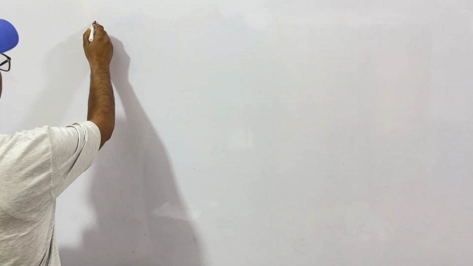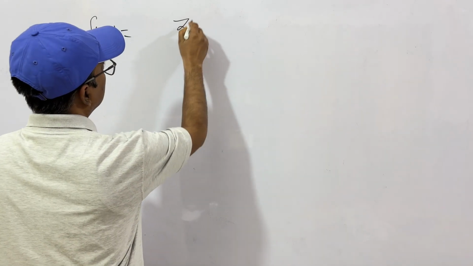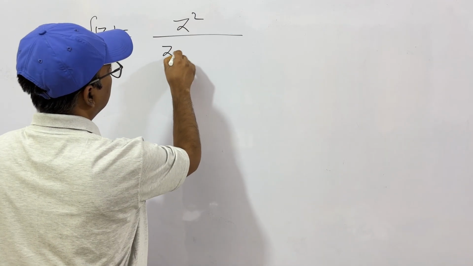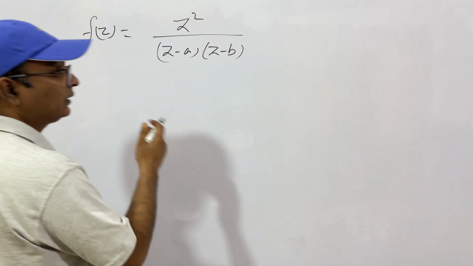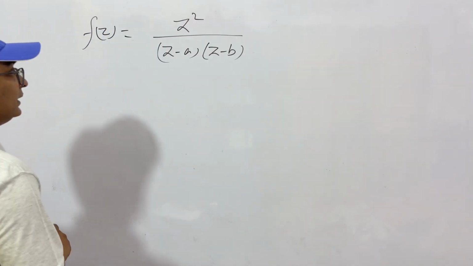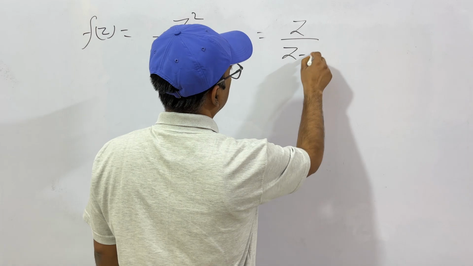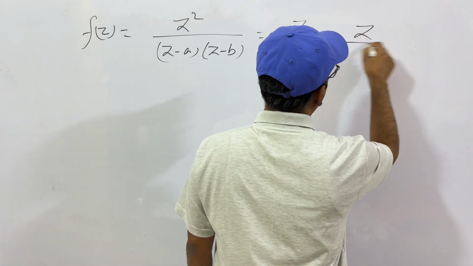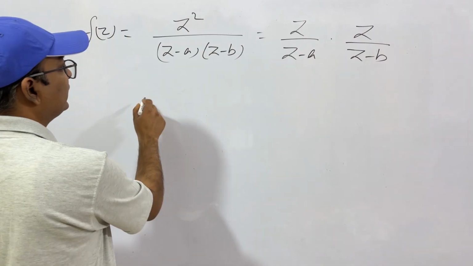Let's say we have a function of z which is z square by (z minus a) into (z minus b). We have to take the inverse of this, that is, Z inverse of F(z). What we can do is write it like this: z by (z minus a) into z by (z minus b). You know what the inverse of this is? This is very standard.